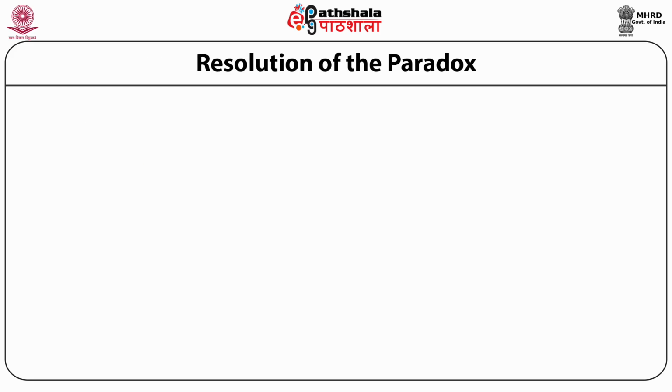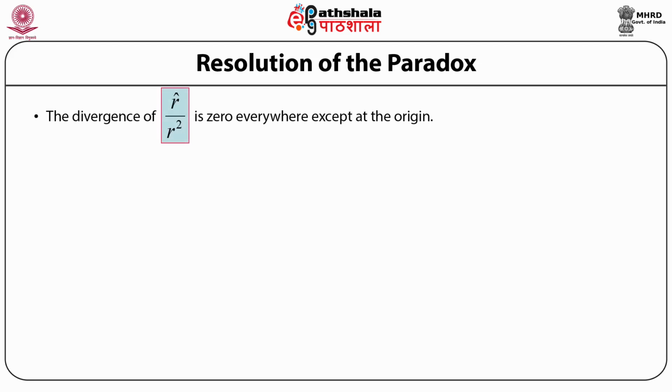Resolution of the paradox. Now let us look at the divergence of the function a of vector r that we had defined above, which was that a of vector r is equal to 1 upon r square times the unit vector r. Then we saw that the divergence of this function a turns out to be 0 everywhere except at the origin, that is, except where r tends to 0.